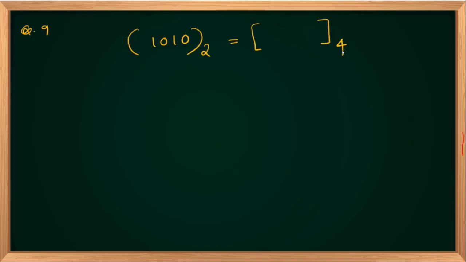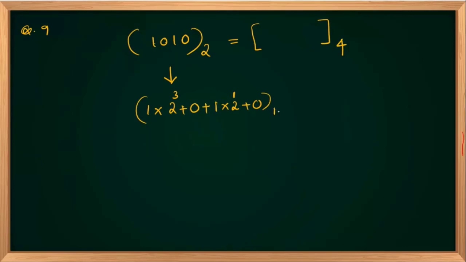Unfortunately, we don't have a direct method to convert between two different bases other than decimal. So how to convert this? We have only one option. I should convert into decimal first. So 1, 2, 3, 4 digits. So 1 multiplied by 2 power 3, corresponding to 4 digits minus 1 is 3, plus second digit 0, plus third digit 1 multiplied by 2 power 1 plus 0.